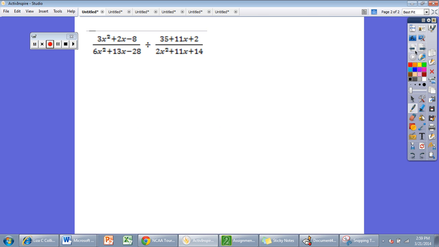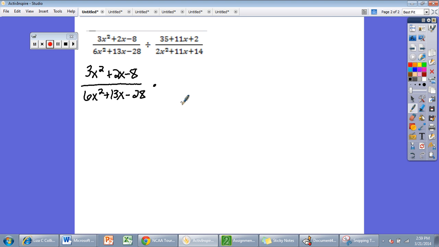Dividing is exactly the same, and you'll notice this problem is almost the exact same. The only thing that you have to remember to do is that your first fraction stays the same, so 3x squared plus 2x minus 8 over 6x squared plus 13x minus 28.